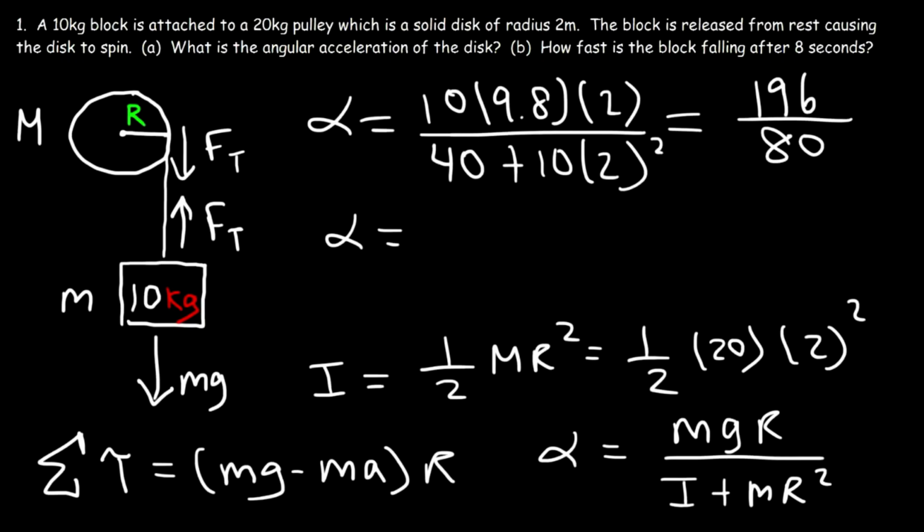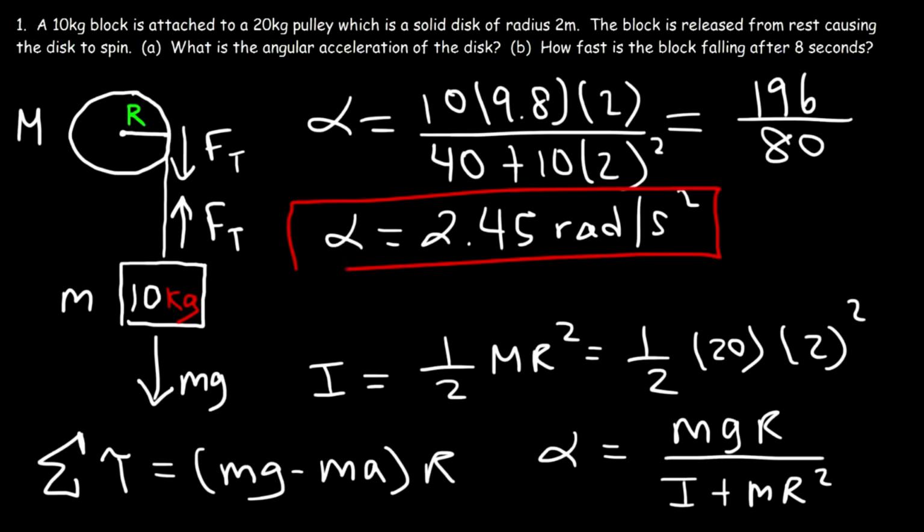So alpha is 196 divided by 80. And so that's going to be 2.45 radians per second squared. And so that's how you can calculate the angular acceleration of the disk. So that's how fast it's accelerating in this direction.